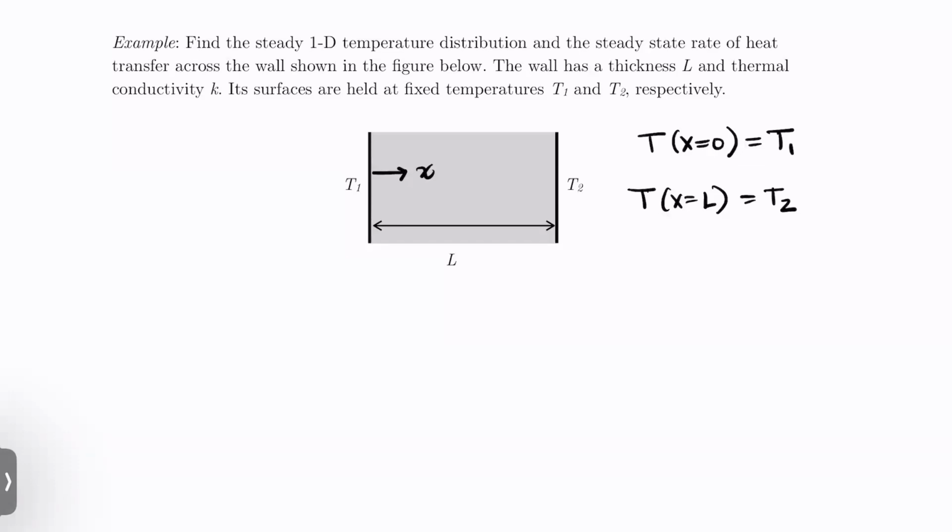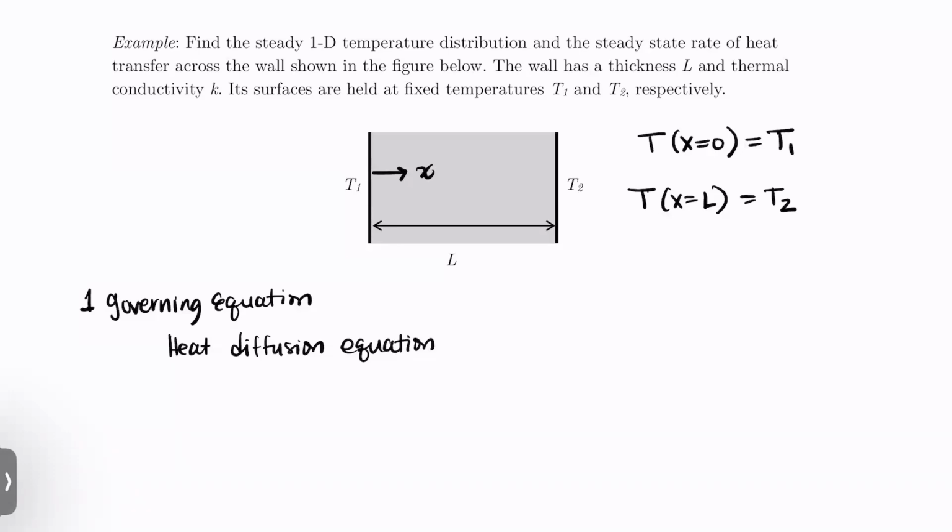So we're going to write down our governing equation. That's step 1. So that is our heat diffusion equation. We know we want to use a heat diffusion equation, not just because we're in the heat diffusion equation unit, but because we're talking about the temperature profile in a solid wall.